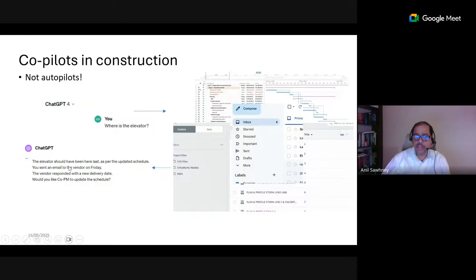As per the updated schedule, you sent an email to the vendor on Friday. The vendor responded with a few new delivery dates, which means it's delayed. Would you like the co-pilot to update the schedule? So this is real stuff. It is happening now. You can give all your project data and get a chat bot or an assistant who can help you answer these questions.